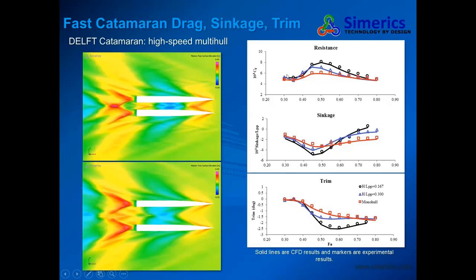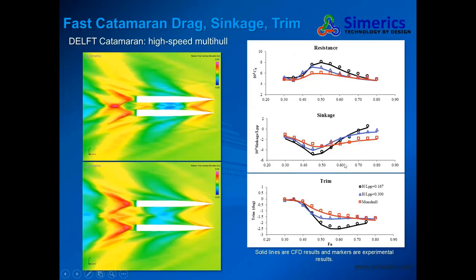Basically, in Italy, someone did an experiment with different separations to see how it affects the resistance, the sinkage, and the trim. And we did a similar simulation. I want to mention here that the solid line is from our CFD results, and the markers are from experimental results.